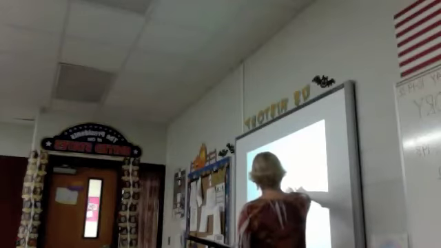So if you take 2 times pi, you get 6.28, times 3, which is our radius, you get 18.84. So the circumference of this circle is 18.84.